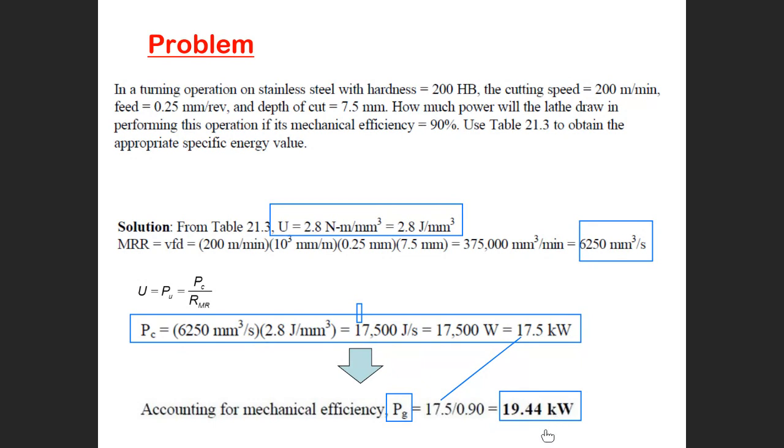But it is not 100%. The machine is only 90%, so the output is 17.5 kilowatt. Then the minimum machine power required to cut with 17.5 is 19.44 kilowatt. Any question? This is the gross power, or calculating the machine power considering the machine efficiency. Any question?